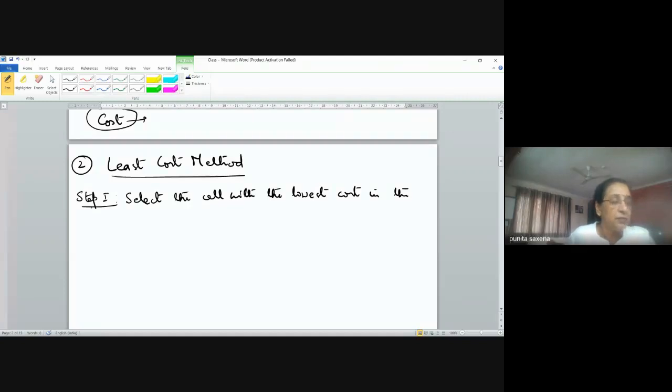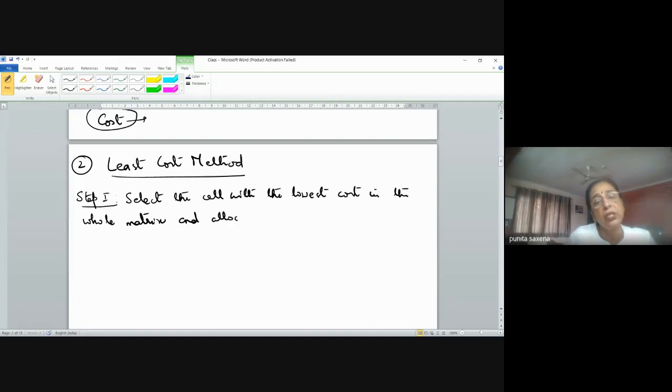Okay, let's see. I took up this problem because this is very interesting. This takes care of all the cases. And allocate as much as possible.